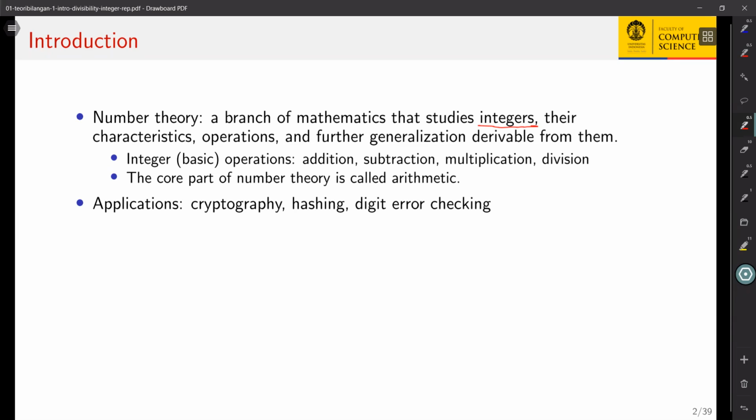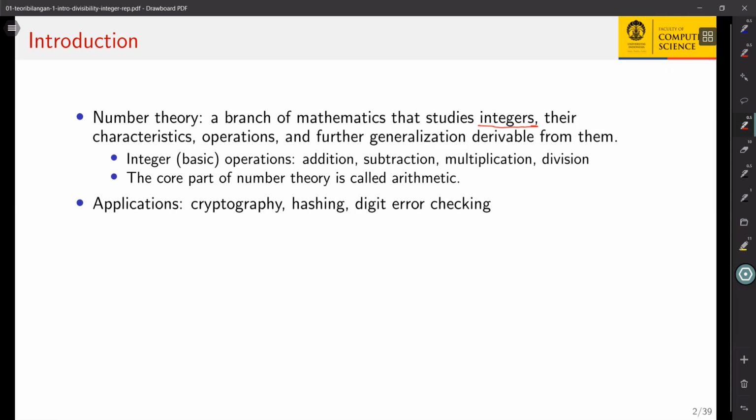So all those integers. We're not talking about other numbers essentially. We focus on integers only. Now, in particular, we look at the characteristics of integers. What is the difference of integers compared to other numbers, for example? And also the operations you could do on integers.